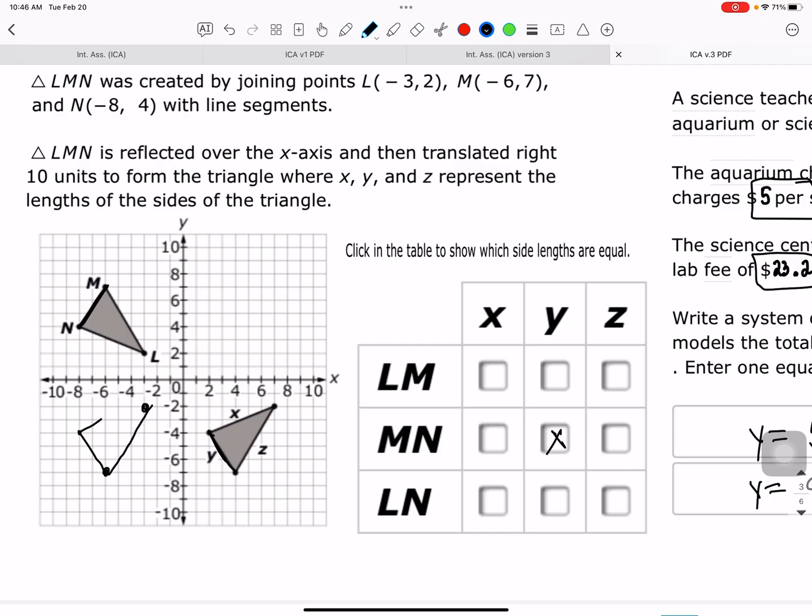So if I reflected it over the x-axis, here's L, here's M, here's N, and then I translated it right 10 units. So that would be L, this would be M, this would be N. So let's see, LN is actually X. So that means LM is actually the Z side.